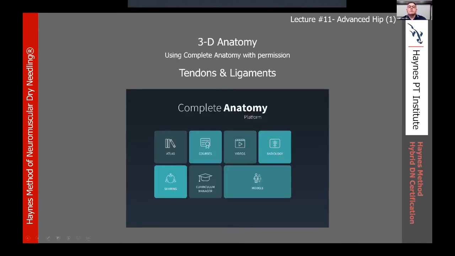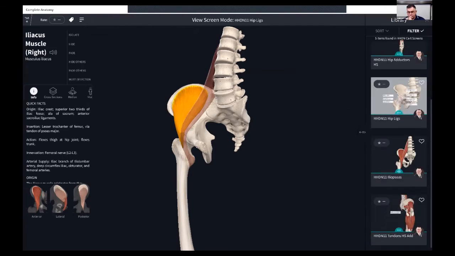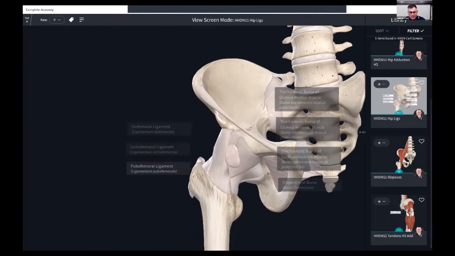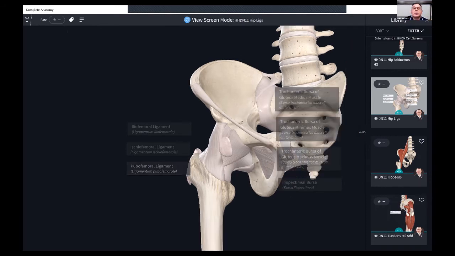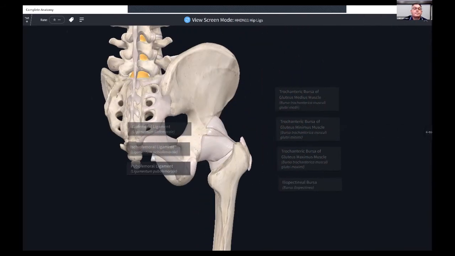Okay, so let's move now to our tendons and ligaments. All right, so let's start with the ligaments of the hip first.